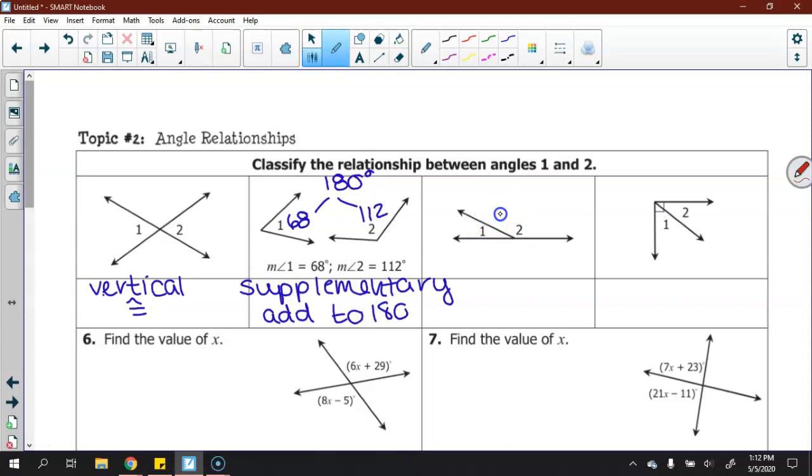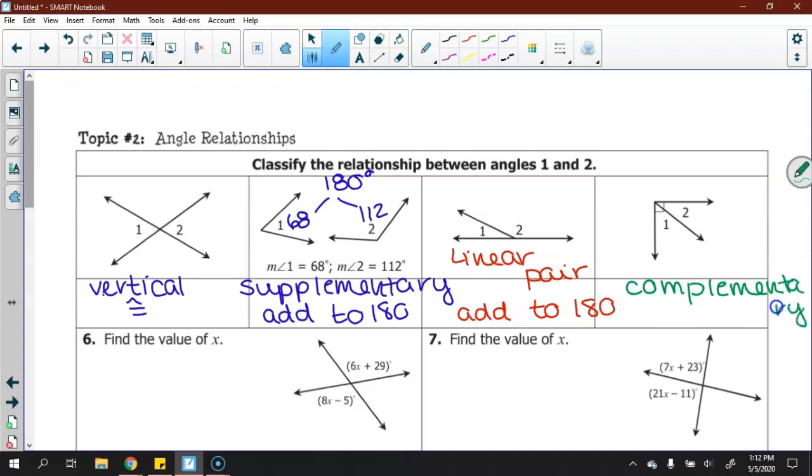This one right here, these are called linear pairs, and those add to 180 degrees as well. And then this last one over here, these are complementary, and they add to 90.